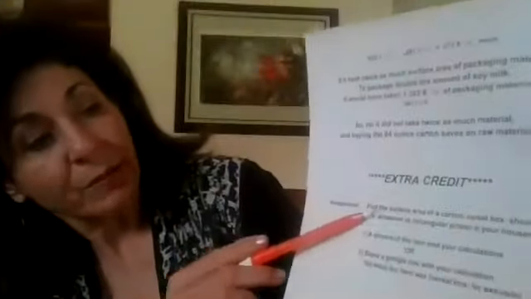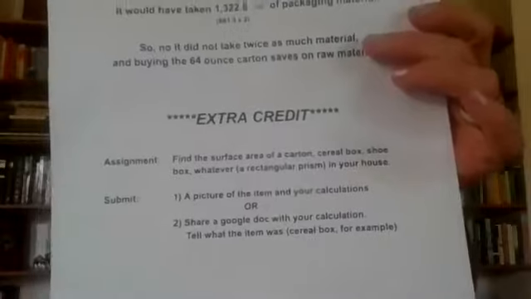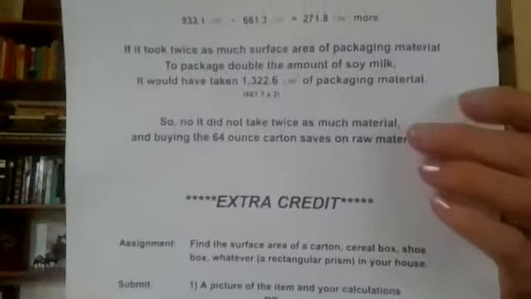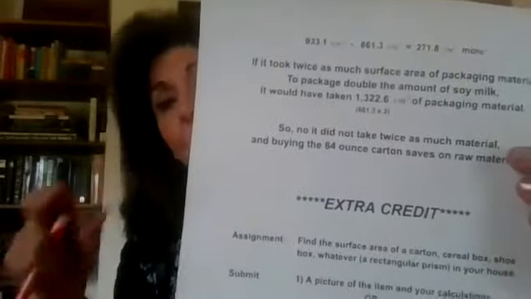Okay, so what is your extra credit assignment? Your assignment is to find the surface area of a carton, cereal box, shoebox, some sort of rectangular prism in your house. I'm going to encourage you to use centimeters when you do your measurements. How do you submit it? You can take a picture of whatever you measured.